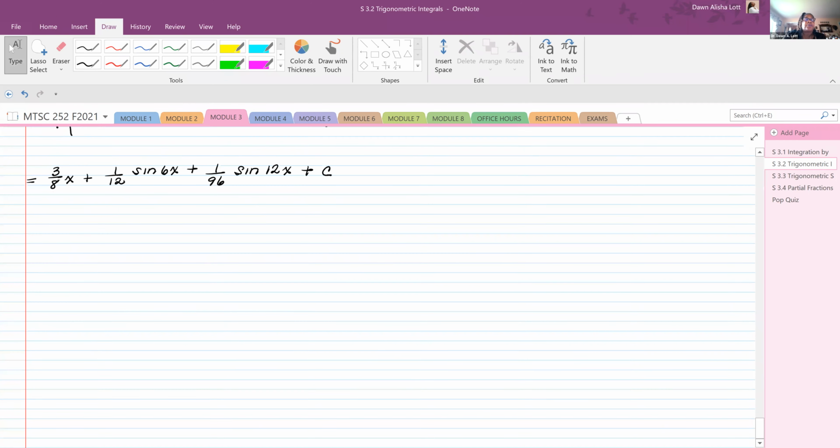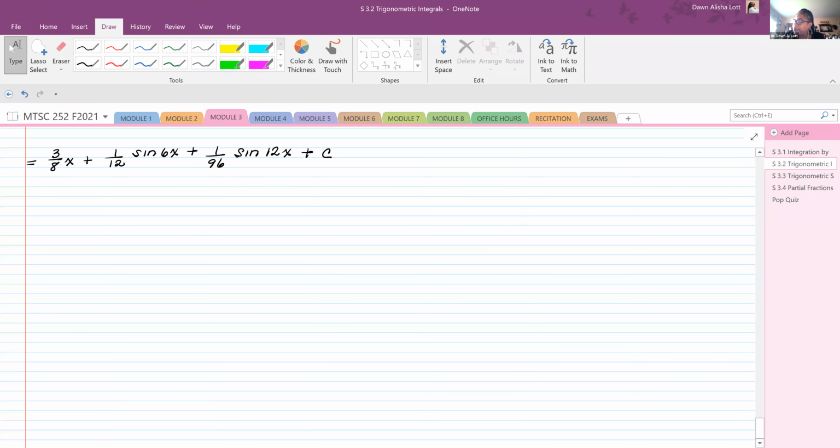So if I had the integral of sine cubed of x cosine to the fourth of x dx, I'm going to trade a sine because it's odd.